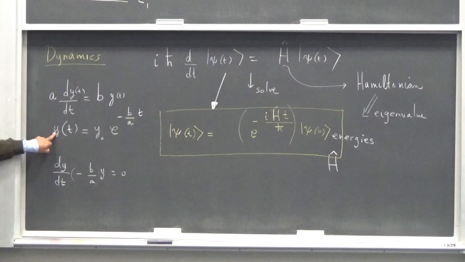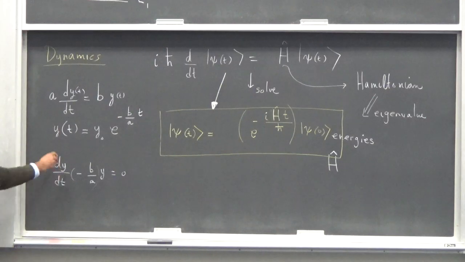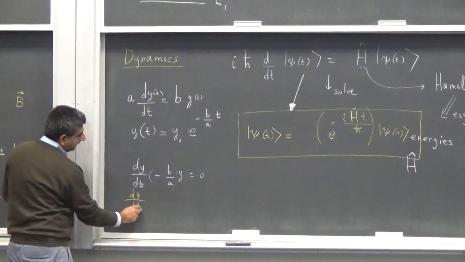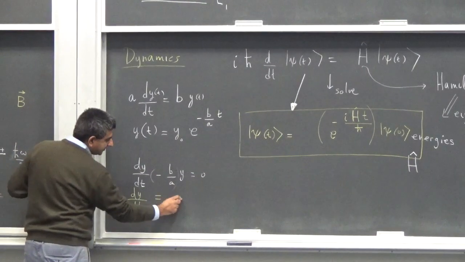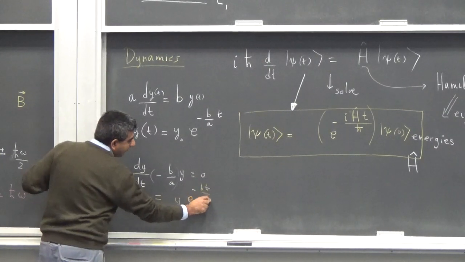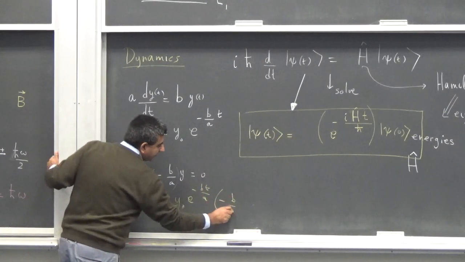So if I differentiate this, so let's do that. dy over dt is y naught times e to the minus bt over a. It's minus b over a.